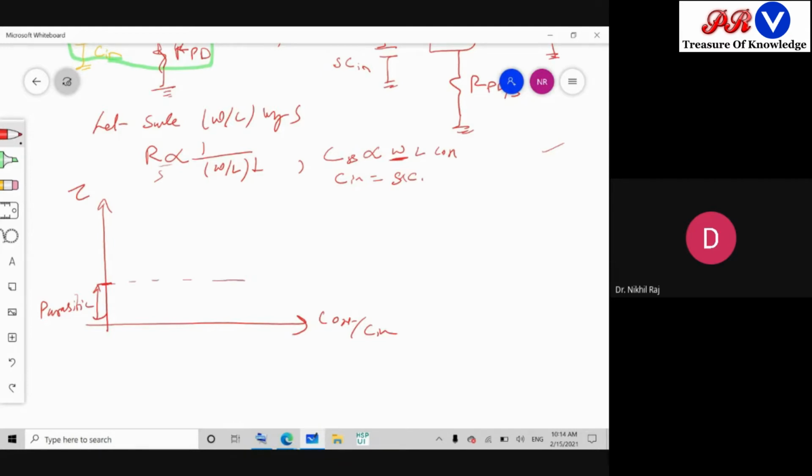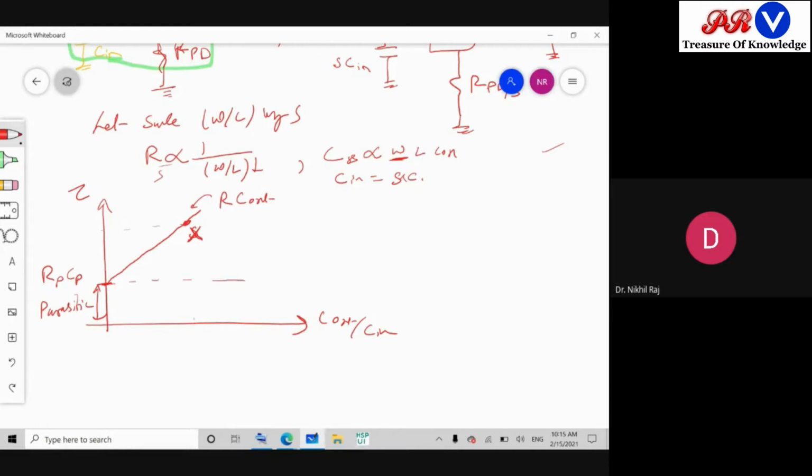Let's say RP is the parasitic resistance and CP is the parasitic capacitance. After that, it is working in linear mode. So somewhat this type of curve will come and the delay will be R and C out, the equivalent R seen here and C out, and let's say we are at point X here. Here we have computed that this is the delay introduced by the gate.